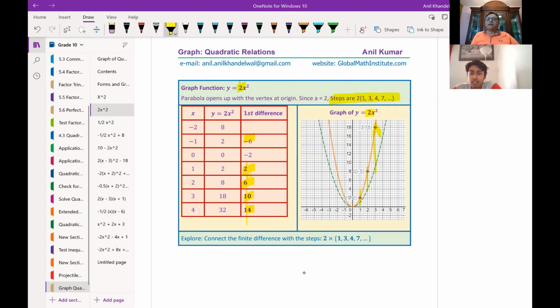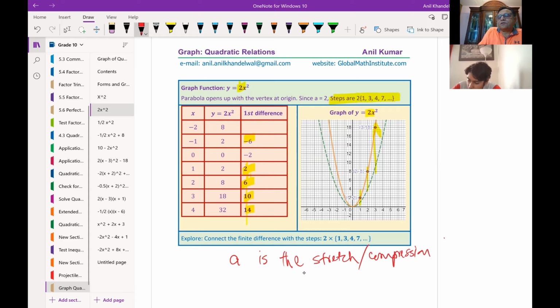So a is the stretch factor, right? Well, if it is small, it becomes compression. So basically, the steps are a times 1, 3, 5, 7. Is it okay? Yes, sir.